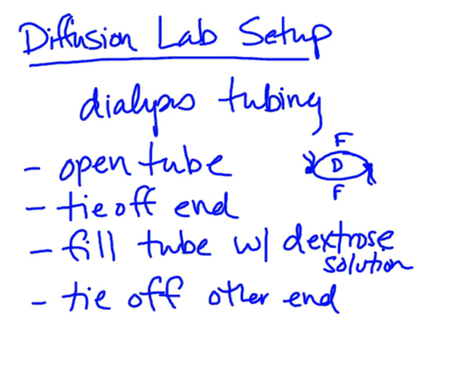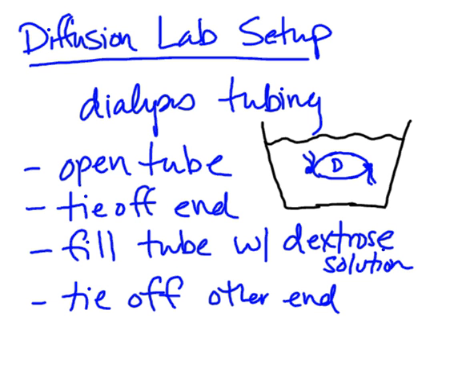This dialysis tubing is modeling a cell membrane. So inside the tube, you're going to have a dextrose solution, and then you're going to submerge that cell in a cup, and you're going to fill that cup with water.